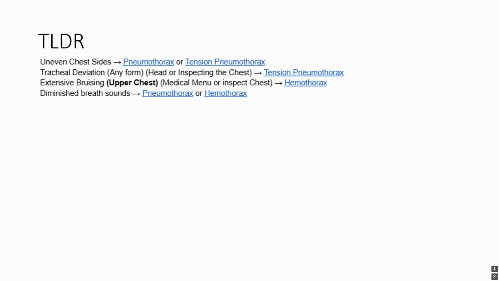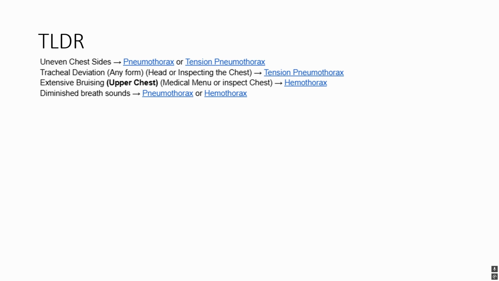And then I just have a small little summary for you guys who did not really want to listen to this whole thing. Basically, what you can think of is if there's only uneven chest sides without anything else, it's either going to be pneumothorax or tension pneumothorax. Any form of tracheal deviation is going to be a tension pneumo.